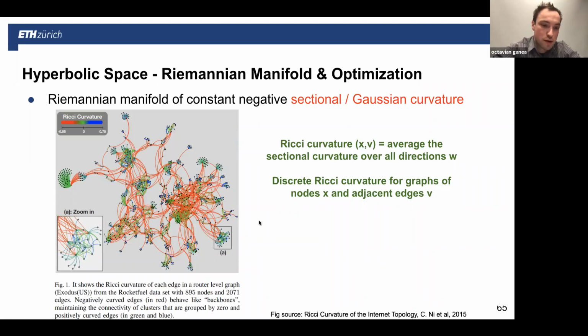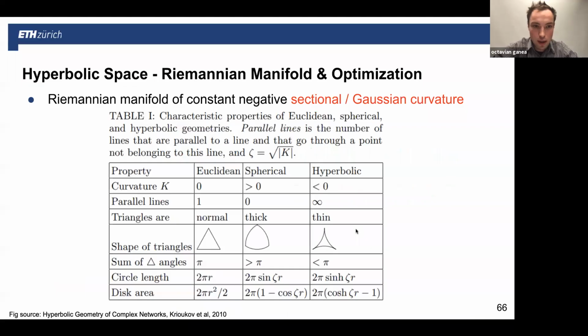I have to say that this internet topology graph is a type of scale-free network that I was talking about before. A few nodes are central and carry central information, and many nodes are just leaf nodes. Here is a summary of curvature and how some triangles look.